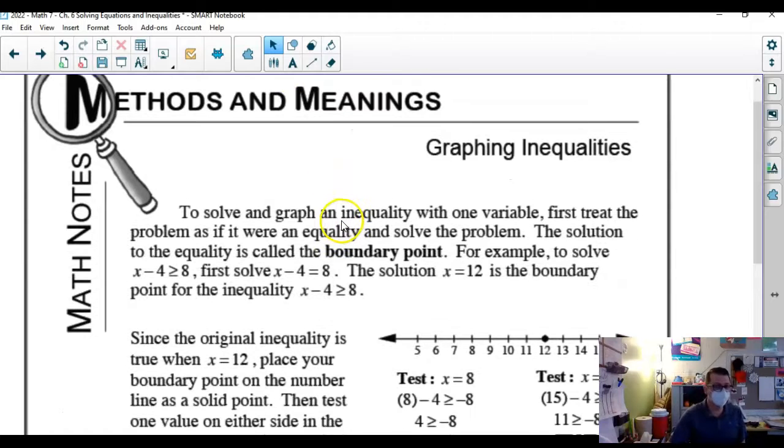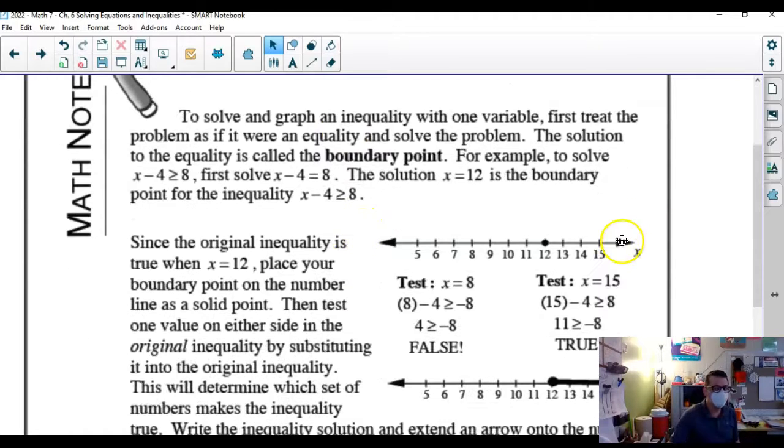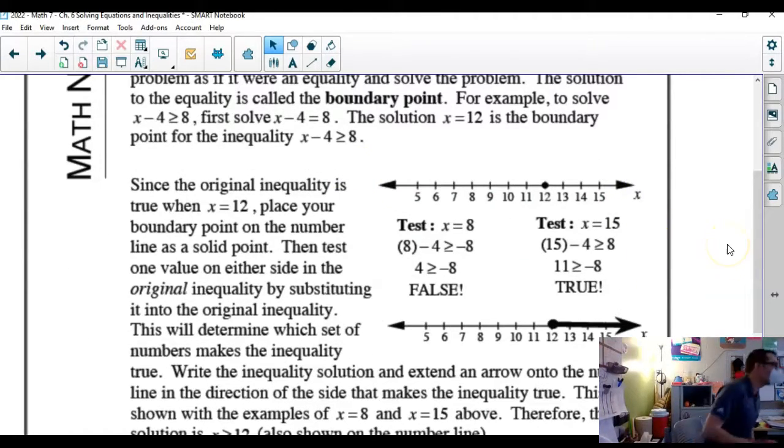All right, real quick before we move on. When we talk about the boundary point, as we keep solving these problems, the boundary point is the cutoff. It is where we start or stop. It is sometimes shaded, it sometimes isn't.